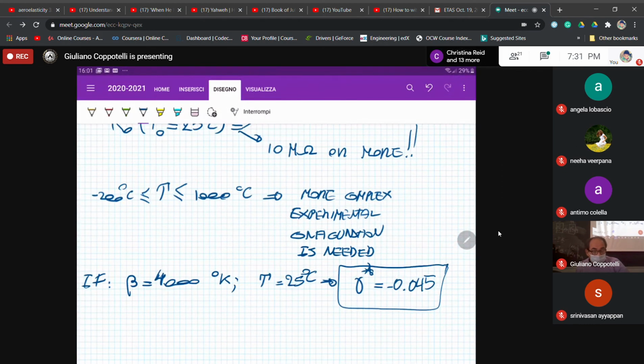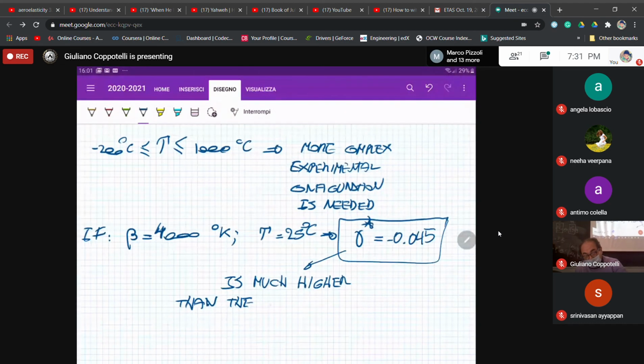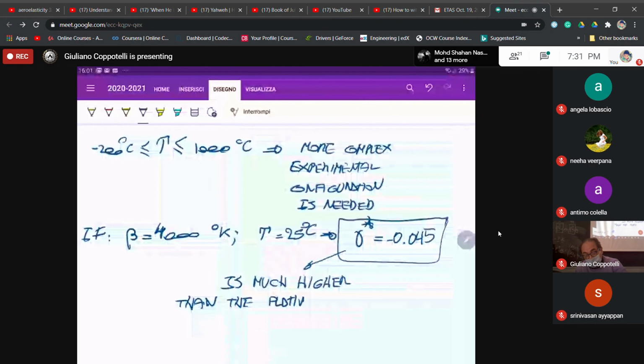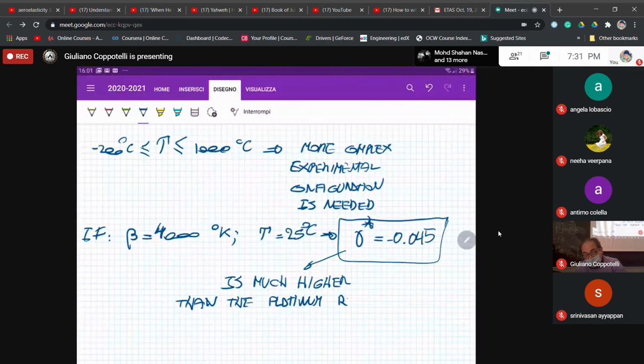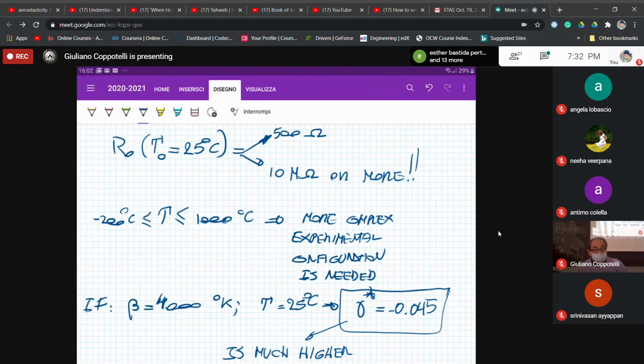And this value is much higher than the platinum resistance-based thermometer.